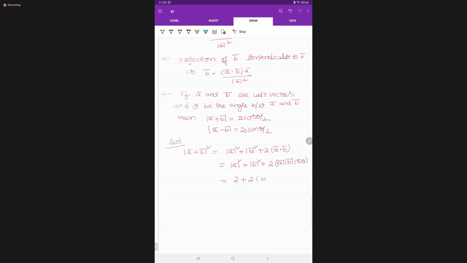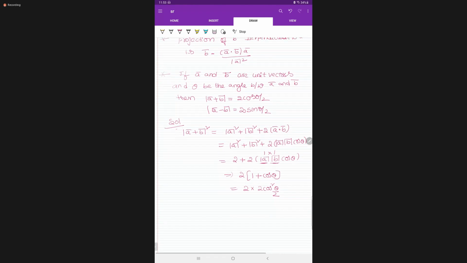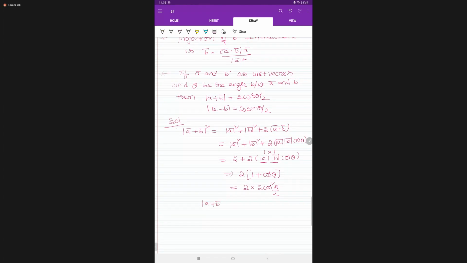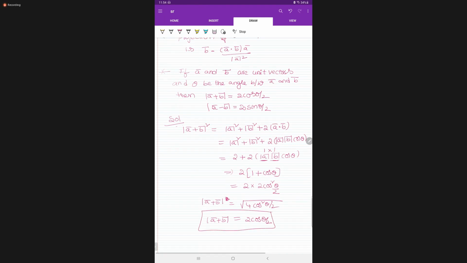Take 2 common outside: 1 plus cos theta, so 2 into 2 cos square theta by 2. So modulus of a bar plus b bar is root over 4 cos square theta by 2, which is 2 into cos theta by 2. Similarly, a bar minus b bar also.